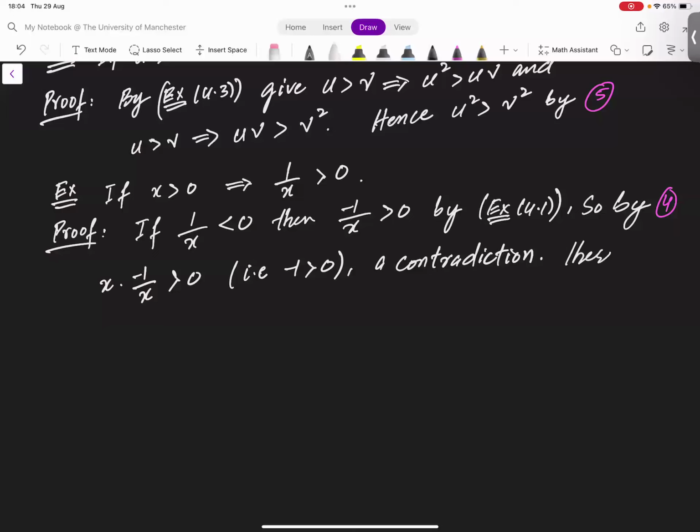Therefore, 1 over x is greater than or equal to 0.